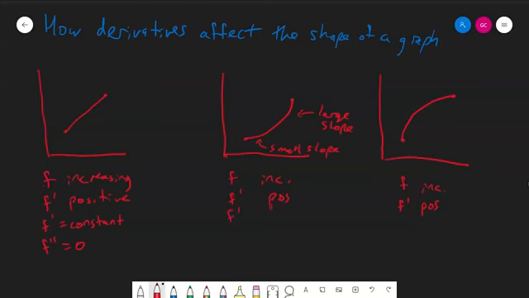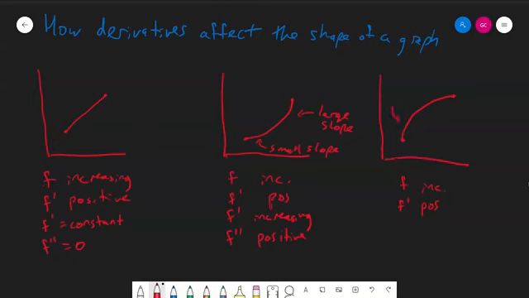So in other words, f prime is increasing. It's not only positive, the slopes are always positive, but they're also increasing and becoming more positive. And to say that f prime is increasing is to say that the derivative of f prime is positive. So on this interval, f double prime is positive.